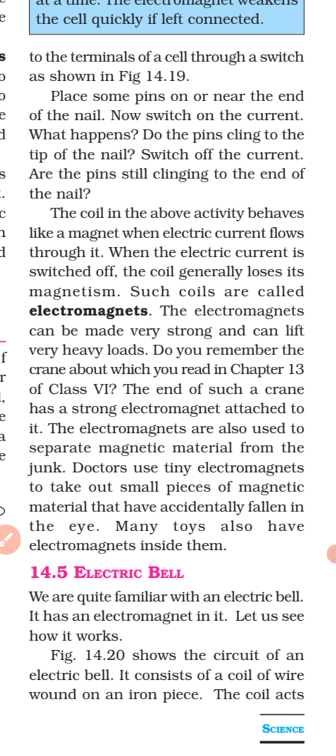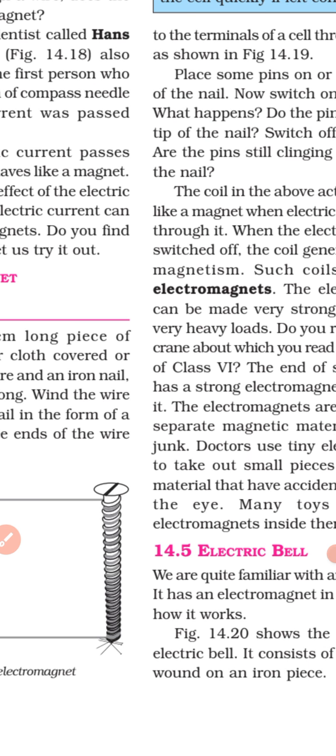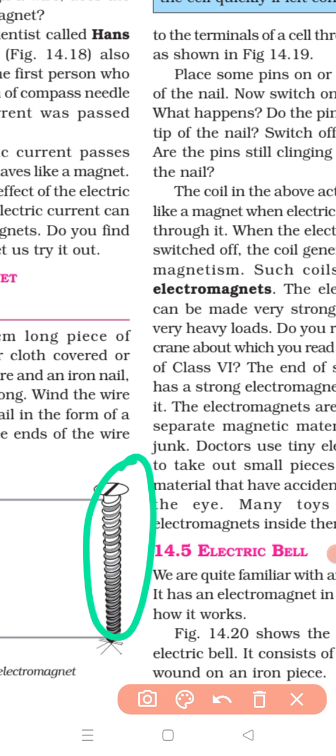By switching off the current, the pins will get detached from the iron nail, so they no longer cling to it. This means that when the current is stopped, the iron nail no longer remains a magnet. That means the iron nail loses its magnetism when the switch is off. Are you getting it?